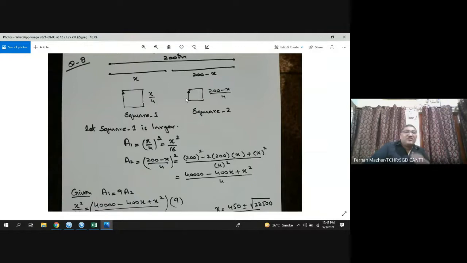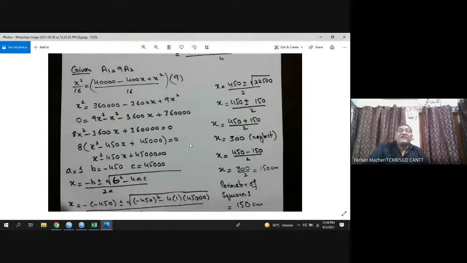You can suppose square number 2 as the larger square, but I have supposed, it's up to you, whichever square you want to take as the larger square. I am taking square number 1 as the larger square. He said the area of this square is equal to 9 times the area of this smaller square. You see here, I have written area 1 is equal to 9 times area 2.